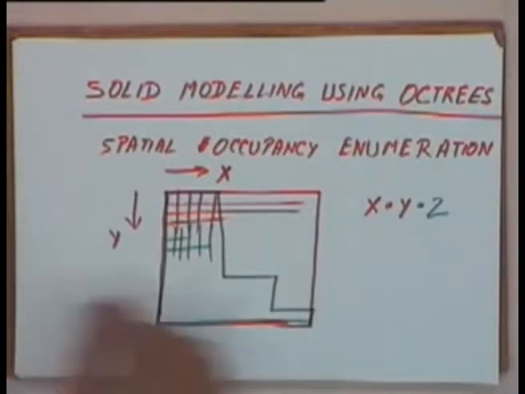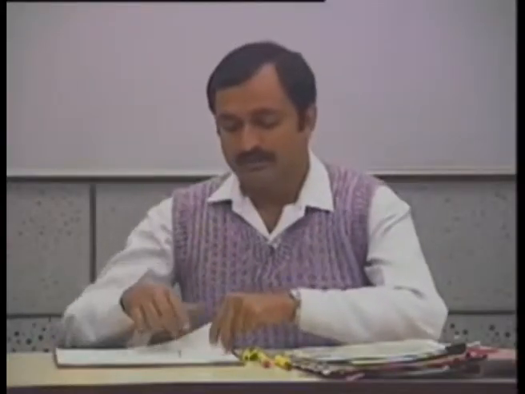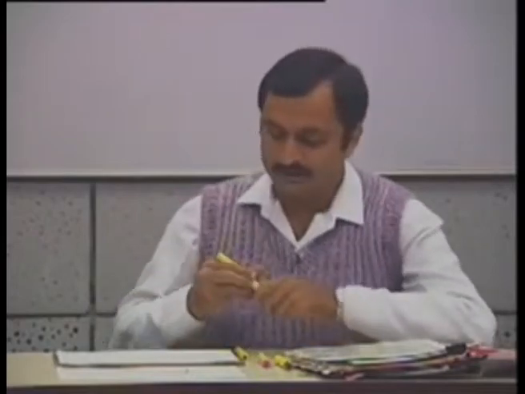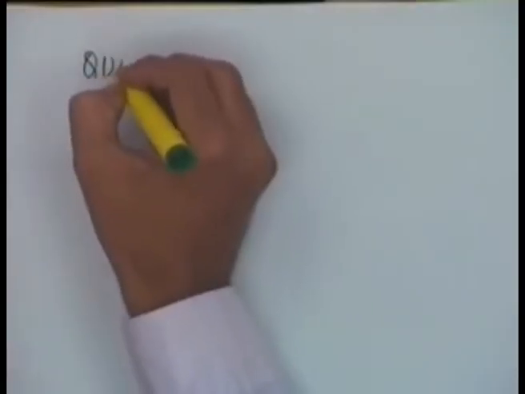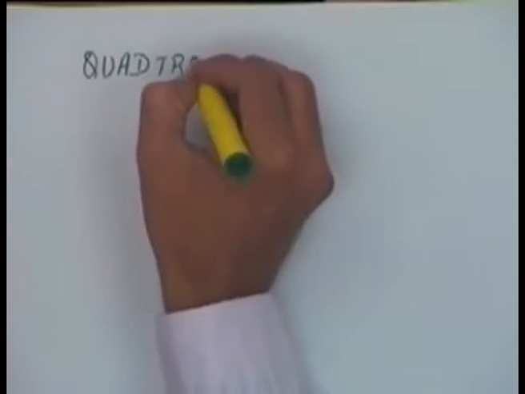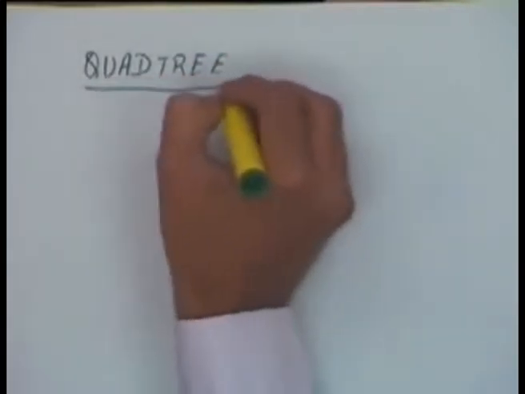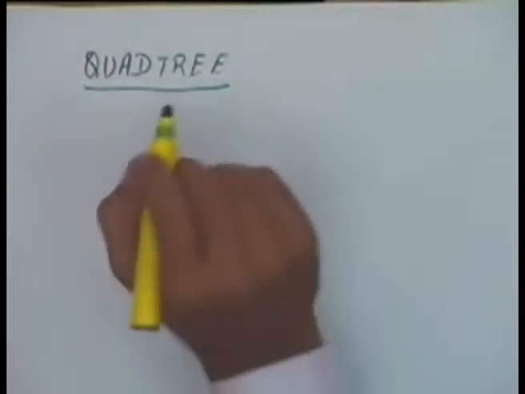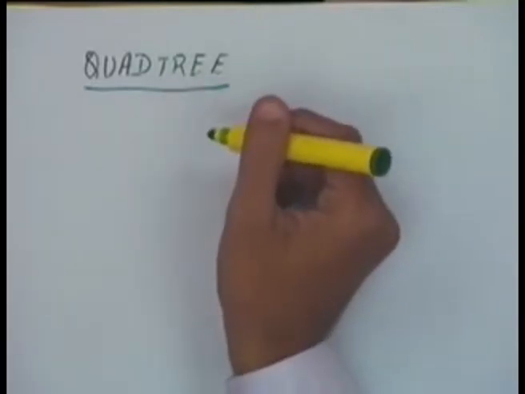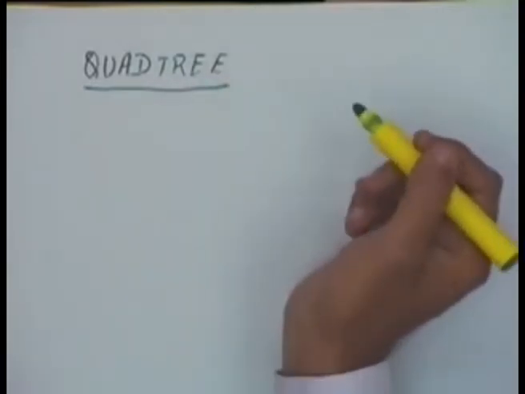In order to take care of this, one method that is used is what is called a quad tree. This is a technique used to model 2-dimensional surfaces. For 3 dimensions we will go on to octrees, we will come to that.